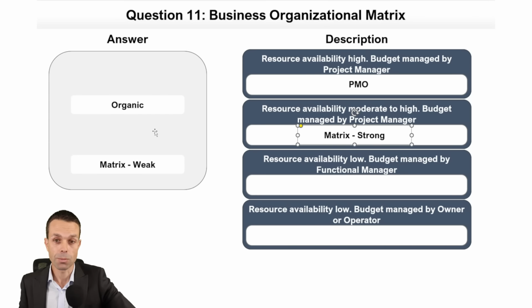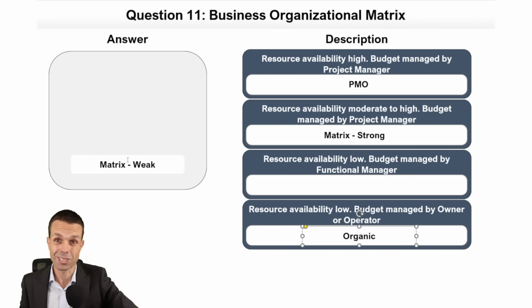Now we get into the weak matrices, which is basically when things are managed by the function or the receiving manager. Or you might be doing a process improvement within your team, for example. Resource availability is low. Budget is managed by the functional manager. Now, I think the lowest one that we have here is organic. So remember this. In between, we've got all the different matrices, matrix strong, matrix weak.